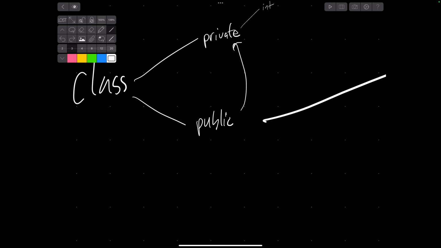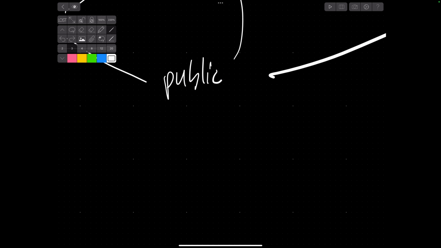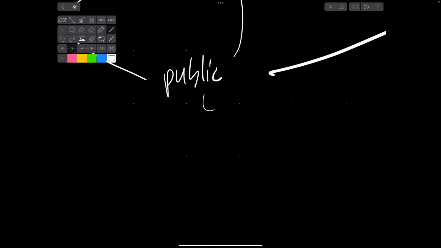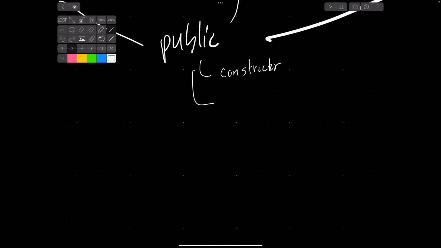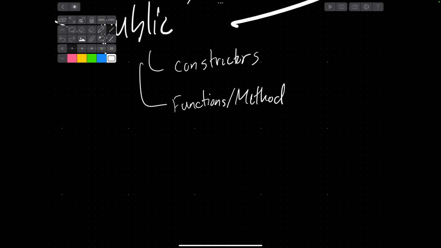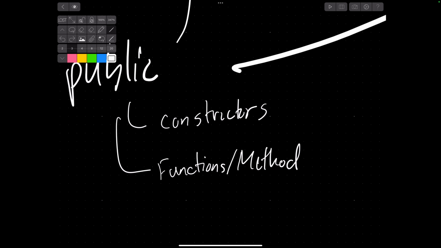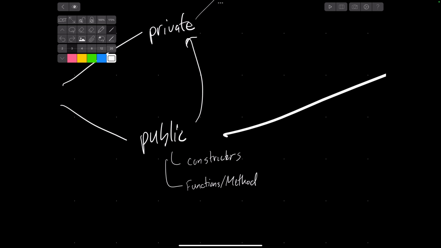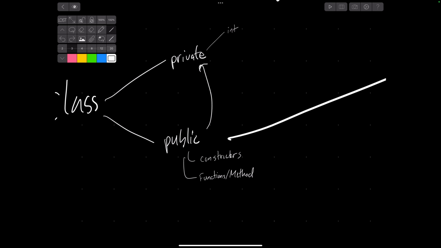So in the public, we tend to make a few things. We tend to make a constructor. We'll have functions or methods. You can call them whatever you want, it's kind of the same thing. So we have constructors, functions, and methods. What the constructors do is help to instantiate these private variables.